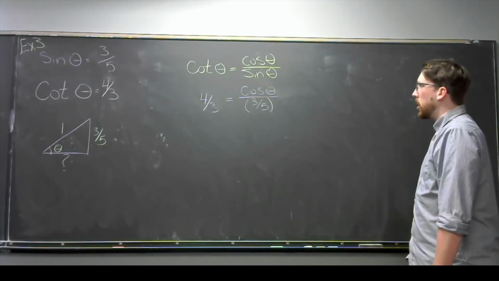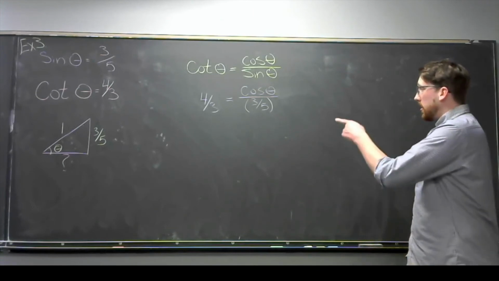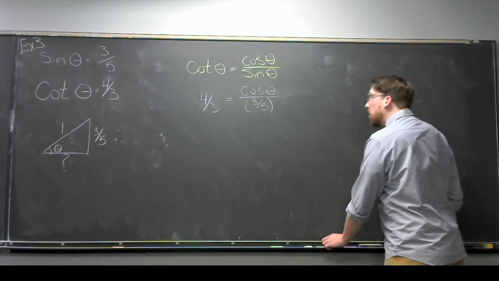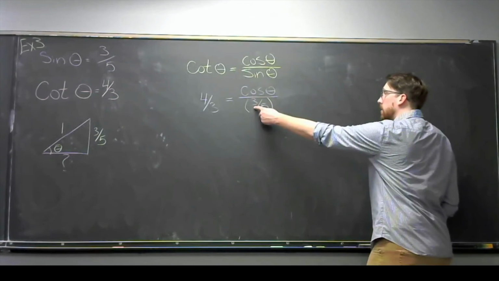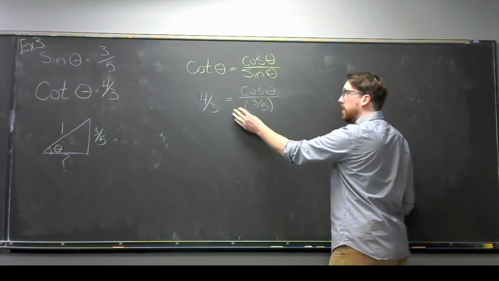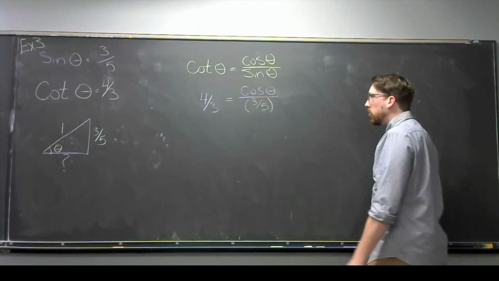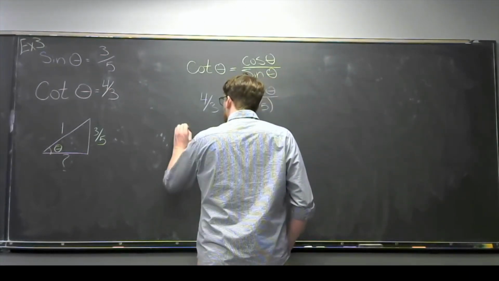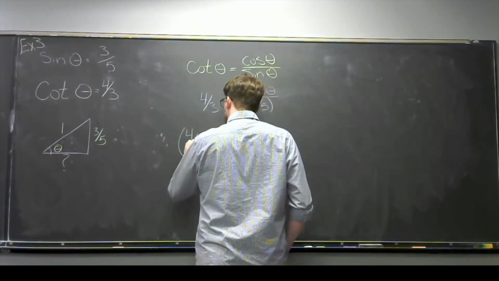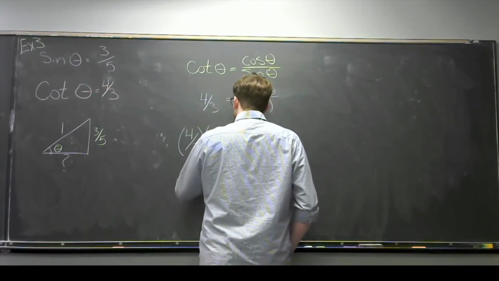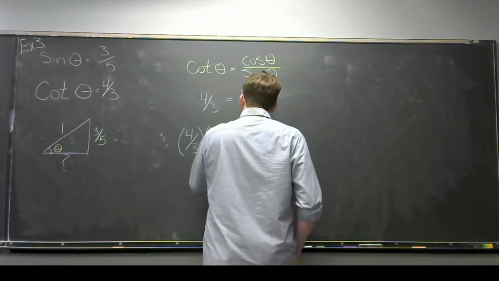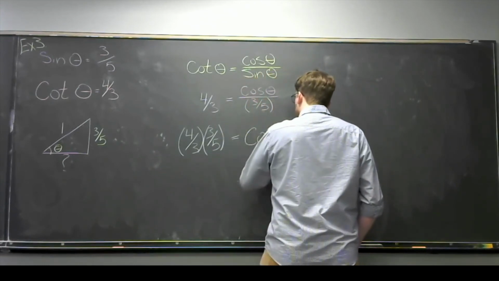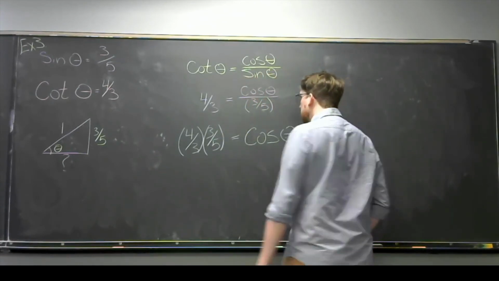Okay. So because of this, we can multiply both sides by 3 over 5 to get rid of this fraction, right? Doing that, we're going to end up with 4 over 3 times 3 over 5 is equal to cosine of theta.